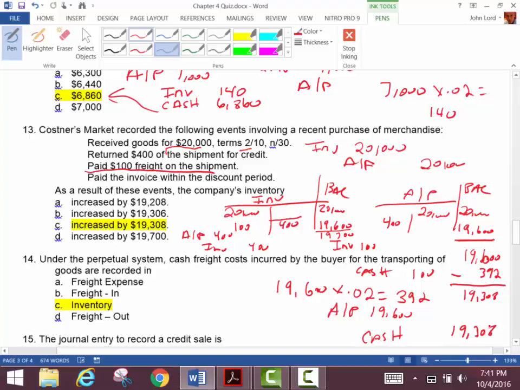19,308, and I have to credit something. What am I going to credit? I'm going to credit inventory for the 392 because I didn't pay him the full 19,600. I only saved 392, right? And when I credit the inventory, where did my inventory account go? Down here.